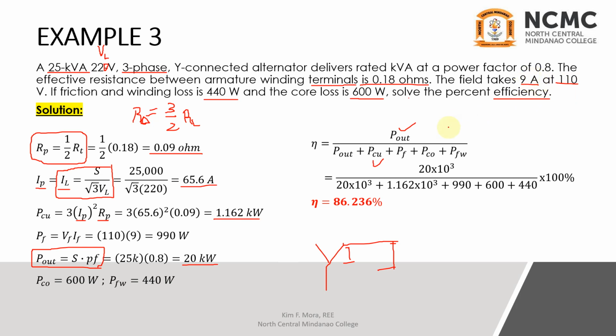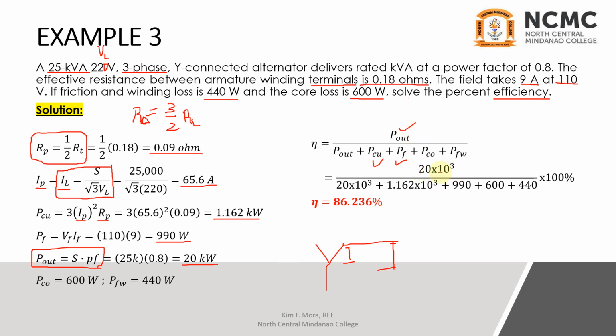So this is our IF, then natay VF. So multiply lang 9 times 110, that is 990 watts. No? So nakuha na nato pod si field winding loss.